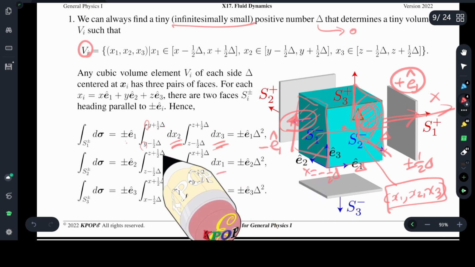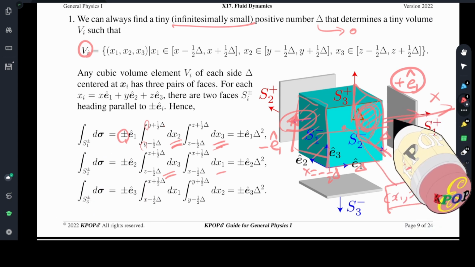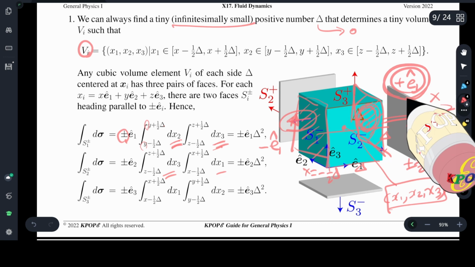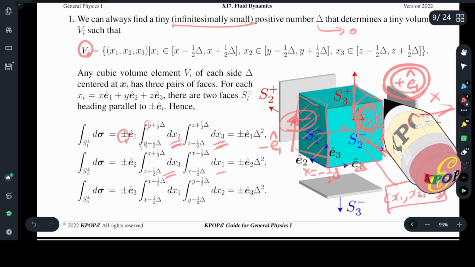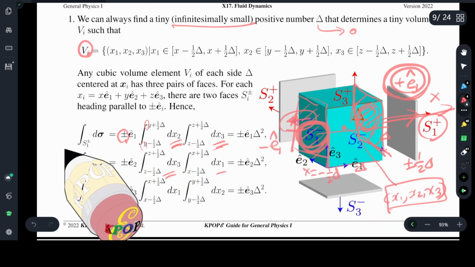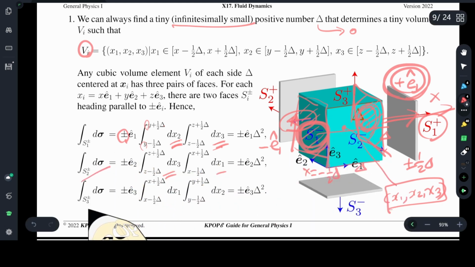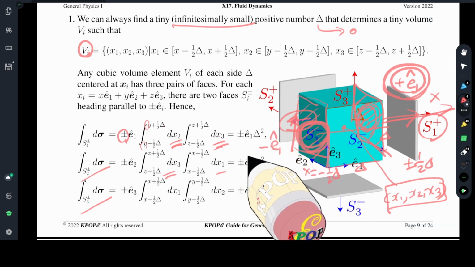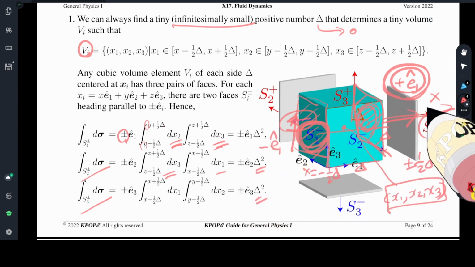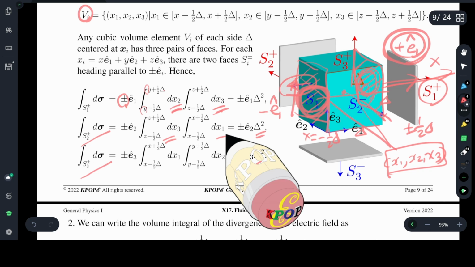Therefore, this plus or minus indicates that the surface perpendicular to the x1 axis is positively directed for S1 plus, and negative along the negative direction for S1 minus. In a similar manner, S2 and S3, plus and minus, are also given by areas delta squared, and directions are plus or minus x, plus or minus y, and plus or minus z, respectively.